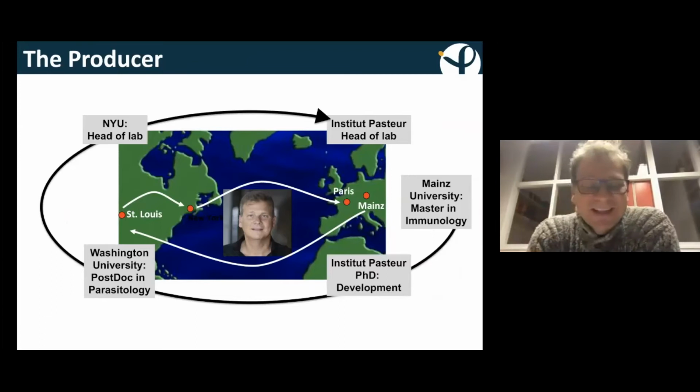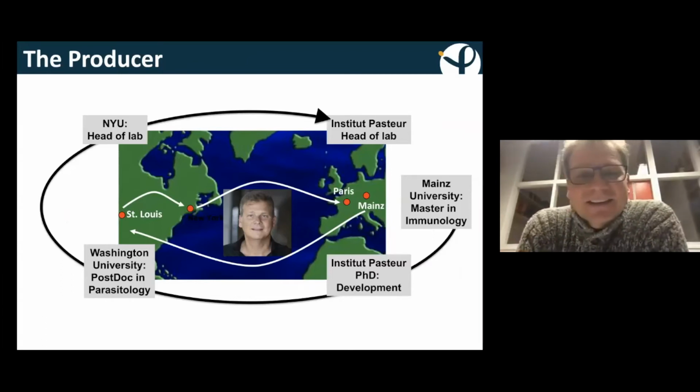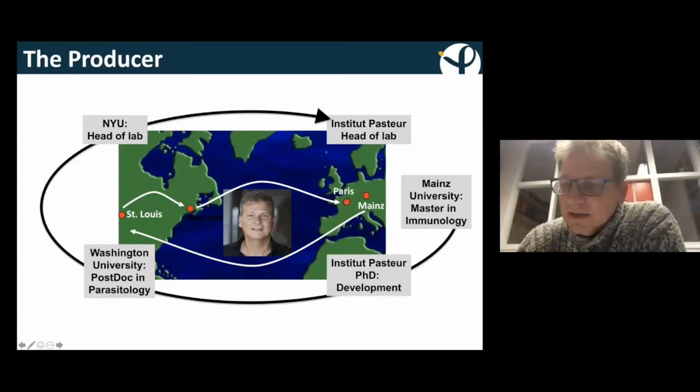I think Anna told me to just mention briefly how I arrived in Paris at the Pasteur Institute. And so this is my little life cycle here. I studied at the university in Mainz in Germany. You recognize my German accent, of course. And obtained a master in immunology. Then I went for a PhD in development in Pasteur already in Paris.